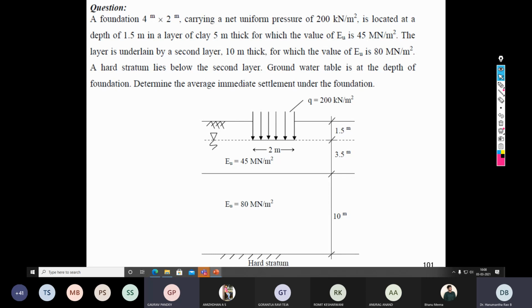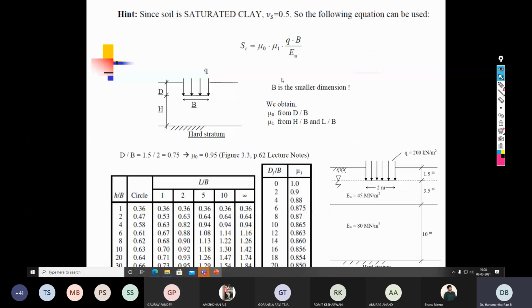We have assumed this is for 13.5 centimeter. Then we have calculated like this, and then at last we have subtracted. That is true, because in this equation, as such, there was no dispersion of the load at the middle of the layer. In other way around, I can make you understand like this.